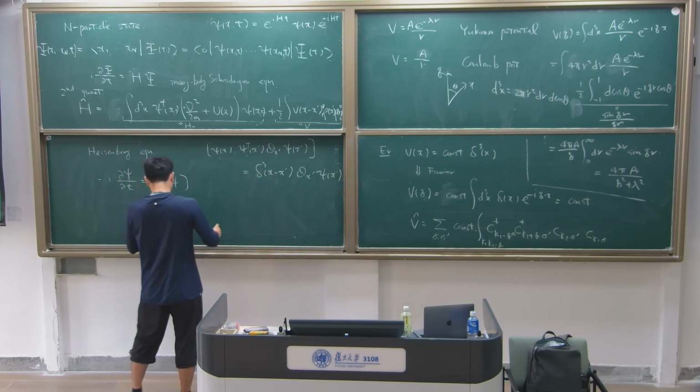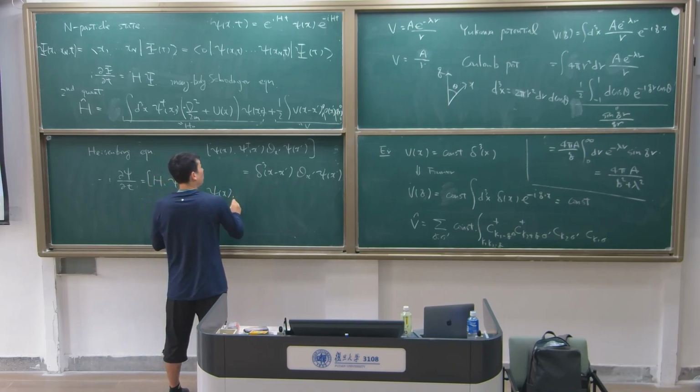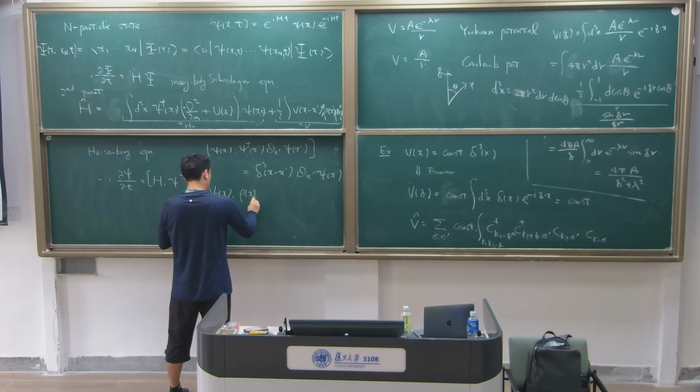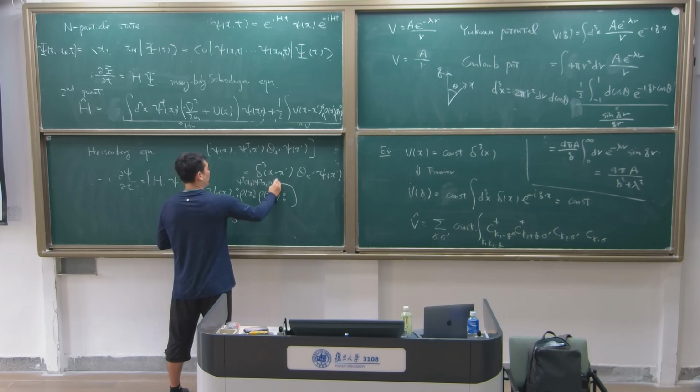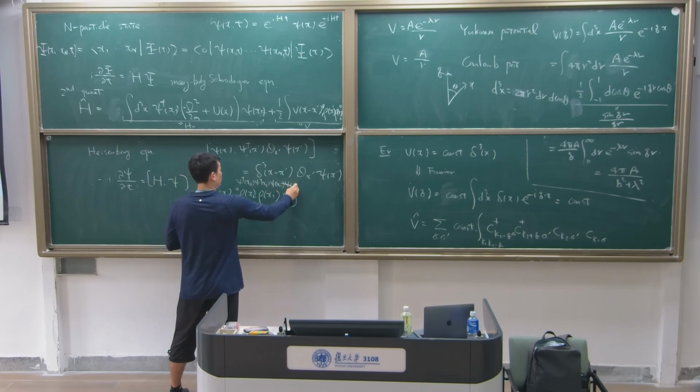And then we also have psi of x and rho of x1, rho of x2 with normal ordering, and the commutation relation gives psi dagger x2, psi dagger x1, psi x2, psi x1.